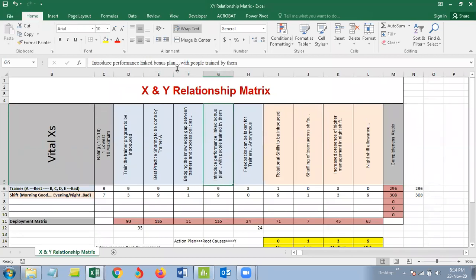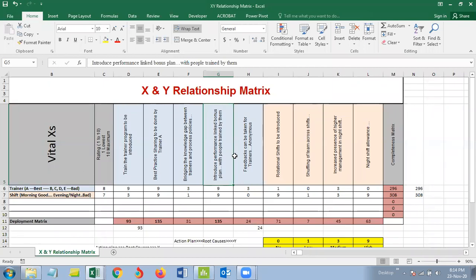Introducing a performance-linked bonus with people trained by them. I would introduce a training incentive plan where I reward those trainers. If somebody whom you have trained does a phenomenal job, you get money. If they do well, you make money. If they don't do well, you don't make money. That way people will be more motivated to ensure that the people trained by them perform well.